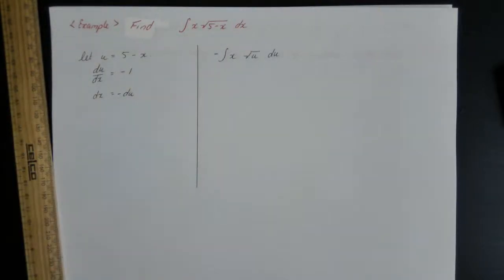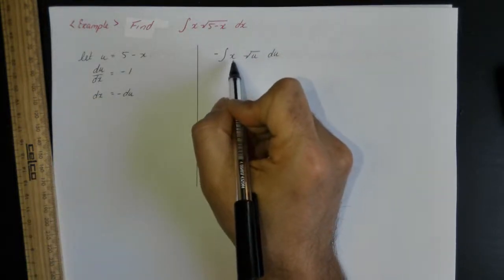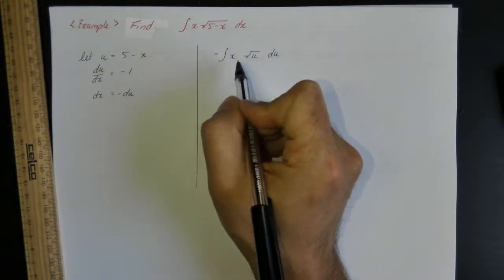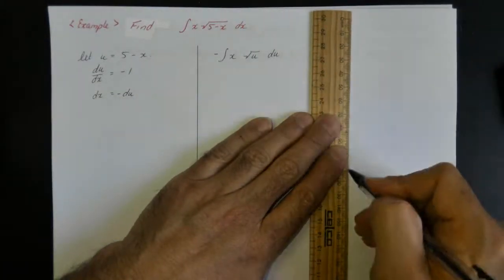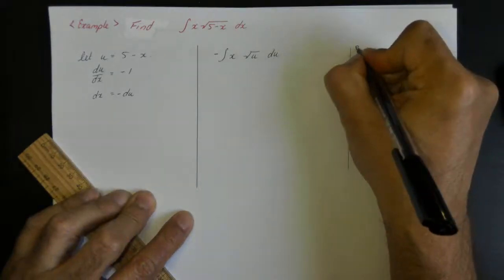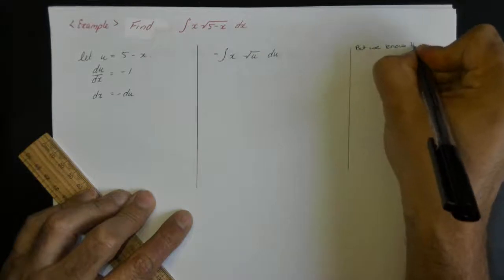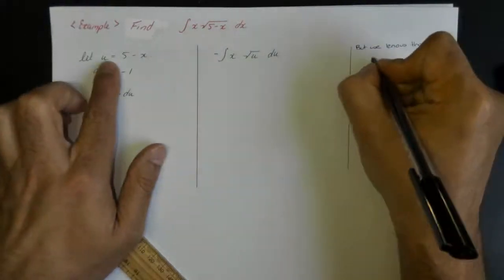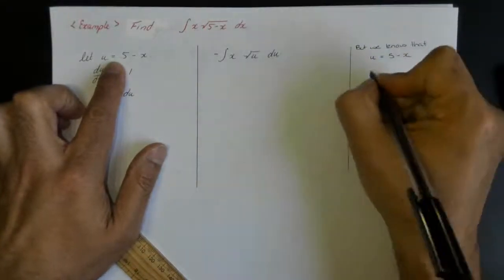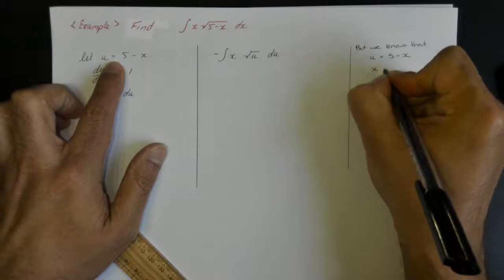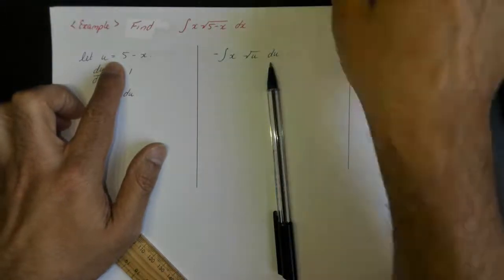Okay, and that's okay, but the problem is now I've got an x here, and that's what I don't want. But we know that u is 5 minus x. Okay, so therefore x must be 5 minus u.